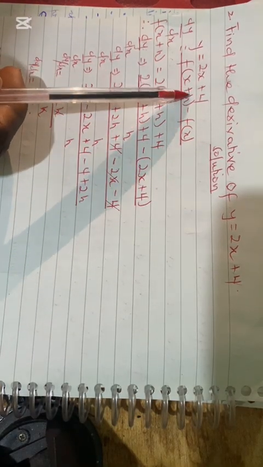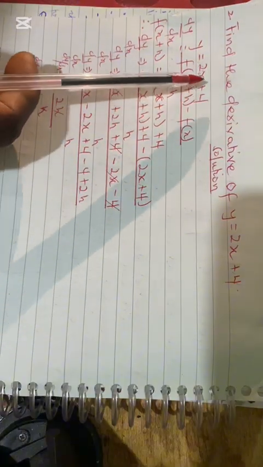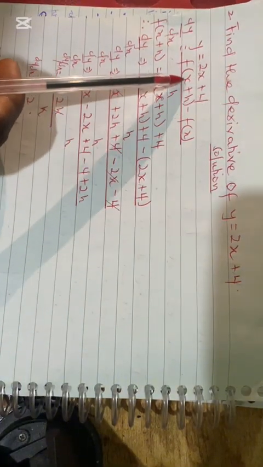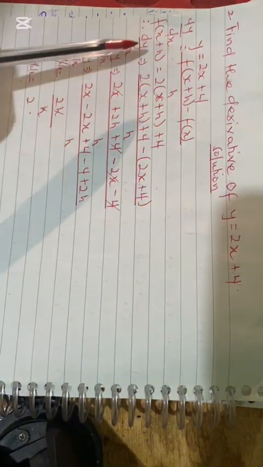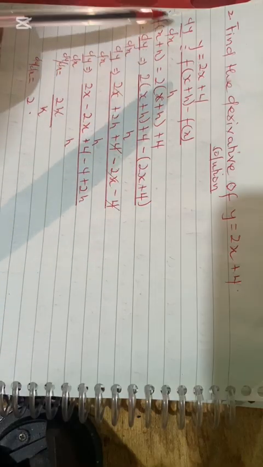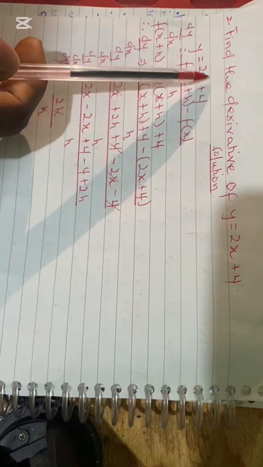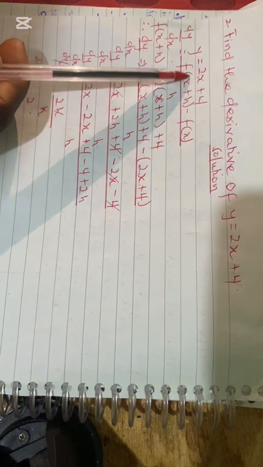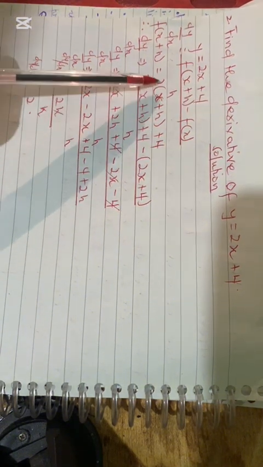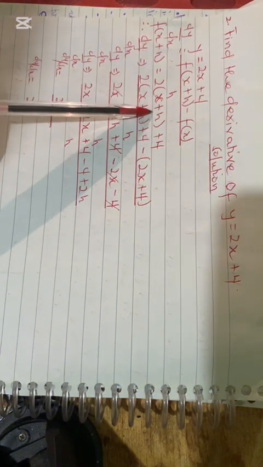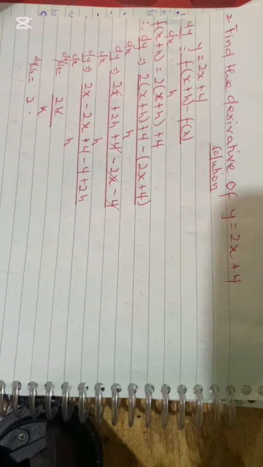So f of x plus h simply means that when I go to the function, wherever I see x, I replace it with x plus h. So let's find out f of x plus h. So f of x plus h will be equal to, if you check this function, it's 2 multiplying x. So the x will be replaced by x plus h. So you've seen 2 multiplying x plus h, then plus 4. So that's our f of x plus h.